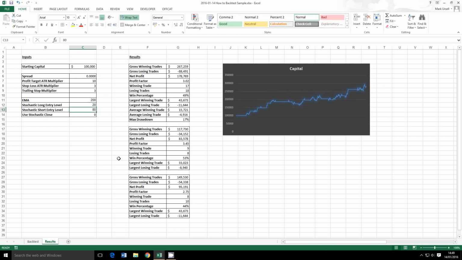We can make one of them always the reverse of the other, or we could set them at separate levels. So I could change this to be 40, and the short entry level would change to become 60. And by doing something like this, we're likely to end up with more trades.